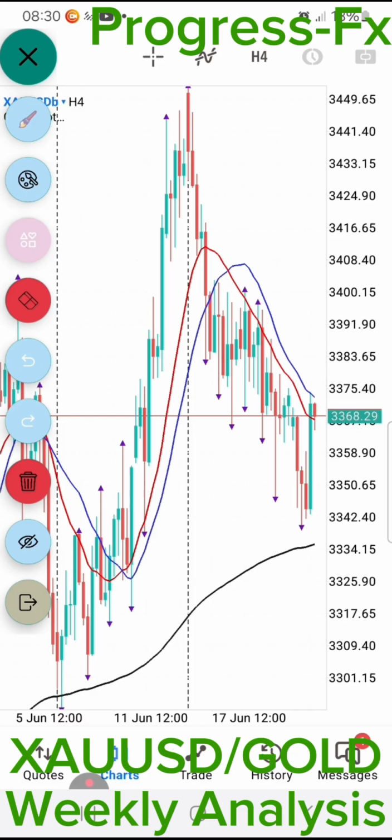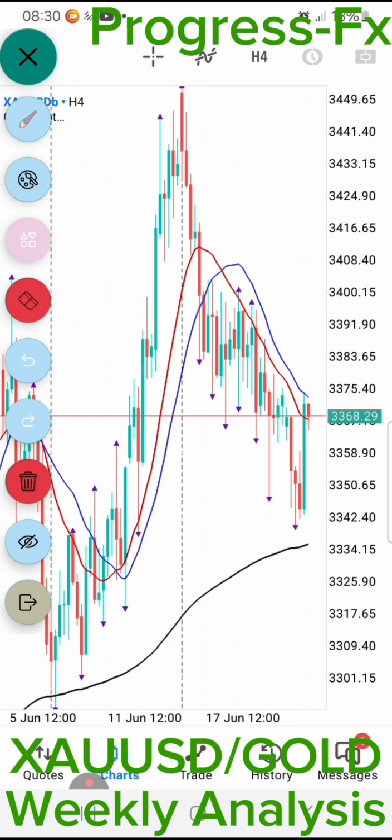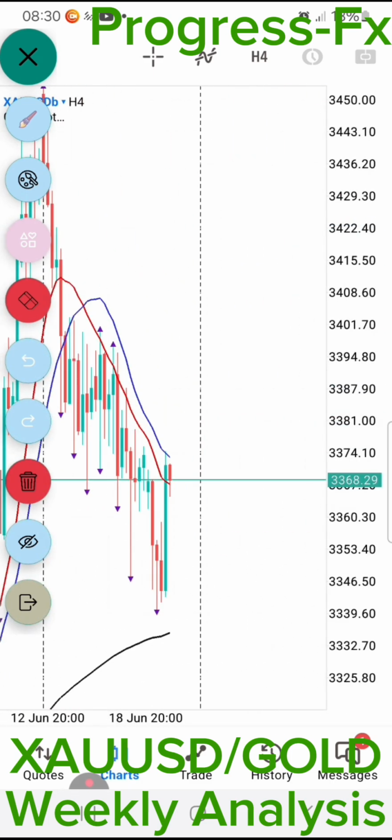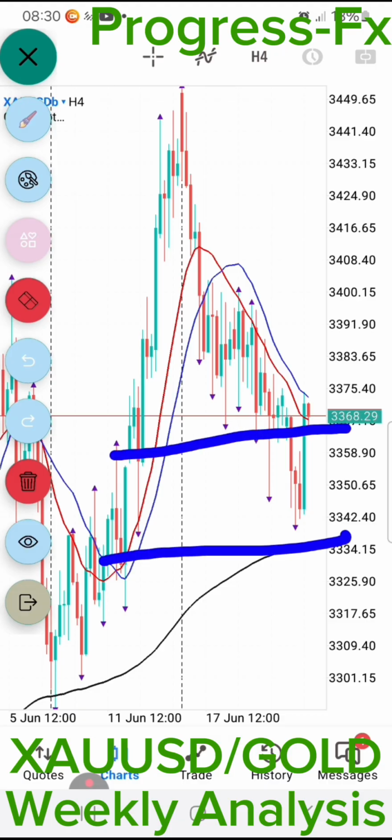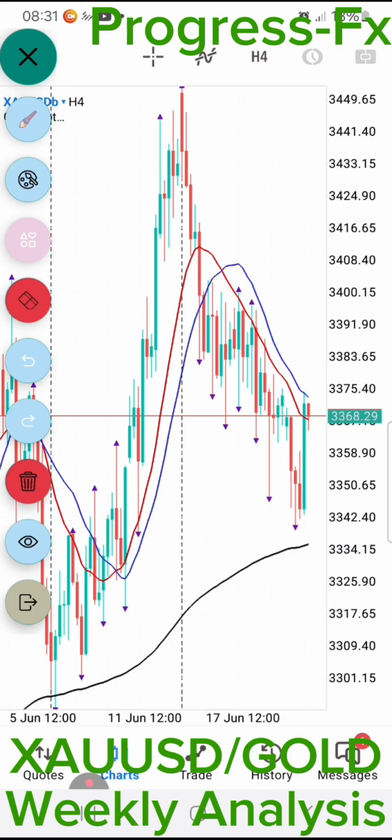And so long as the price did not break below it, below the body, I don't expect the retracement to continue downwards at the moment. That is coming next week. That is it on this side.